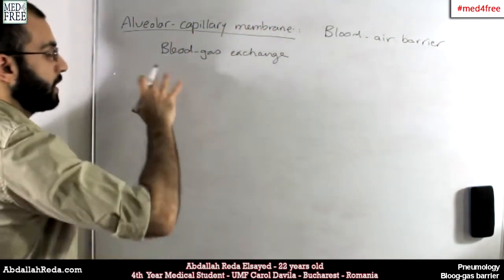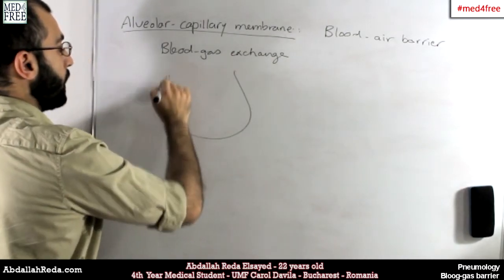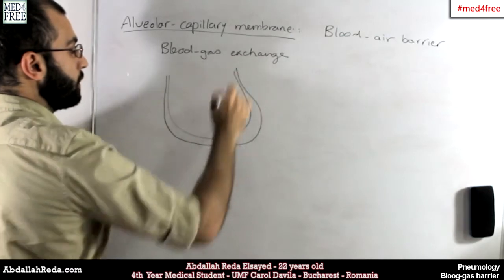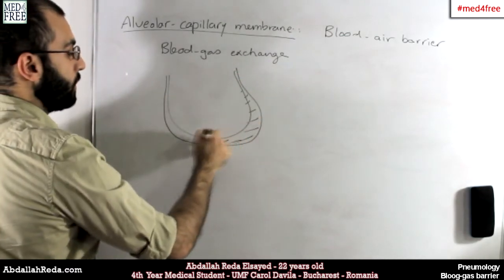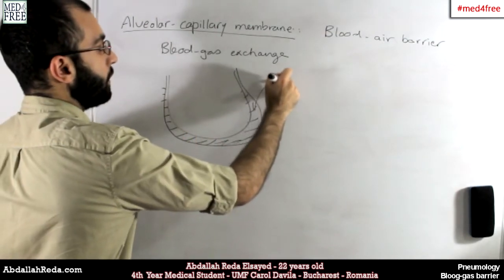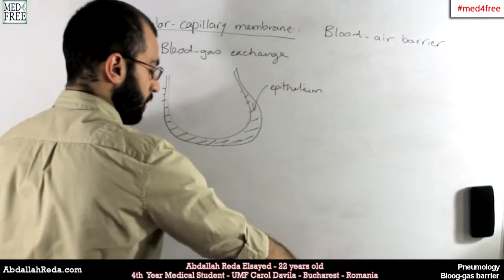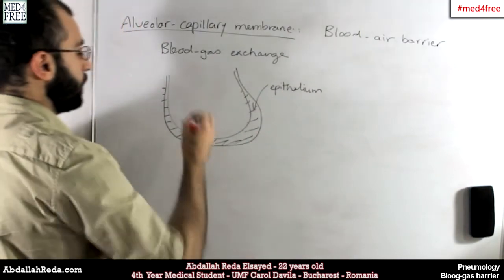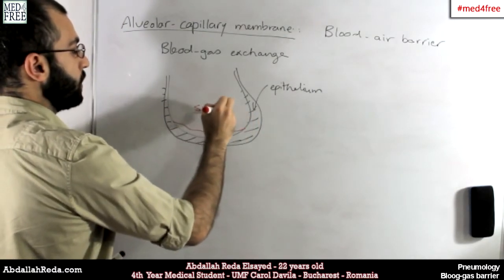The contents of that membrane are very simple. First of all, this is the alveolus, and here we have the alveolar epithelium. On the alveolar epithelium, we have a surfactant, as we know.